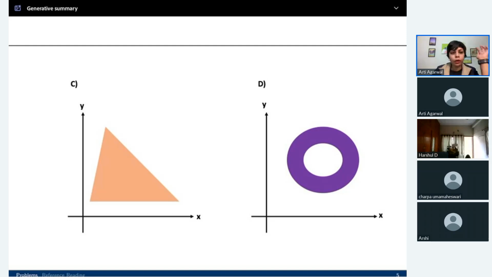I hope the concept of convexity is clear, whatever I explained so far. If you have doubts, you can ask me now, about whatever I mentioned as the definition of convexity. If it's not clear, you can tell me. If it is clear, you can just say yes.